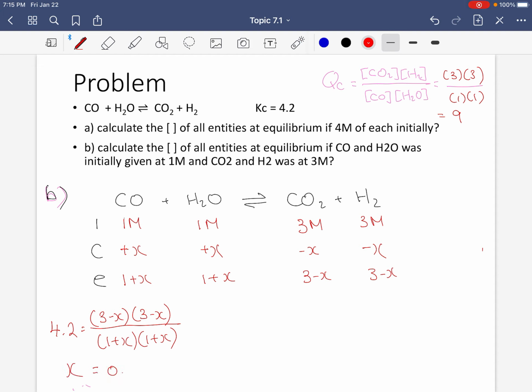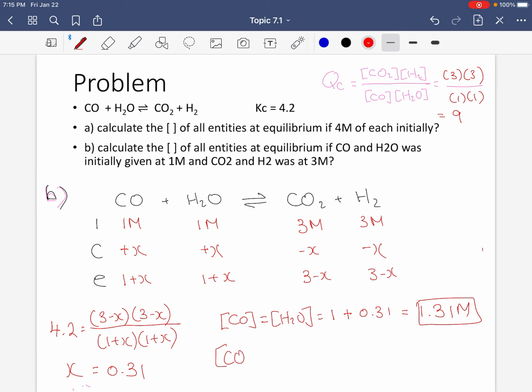X is equal to 0.31. I did this ahead of time. Hopefully, as I said, I'm right, or else it'll be pretty embarrassing. Now you can just plug it in. CO is equal to H2O is equal to 1 plus 0.31. Hey, CO and H2O is 1.31.